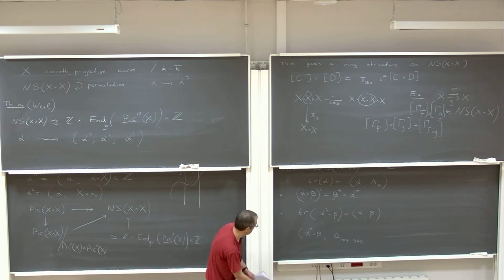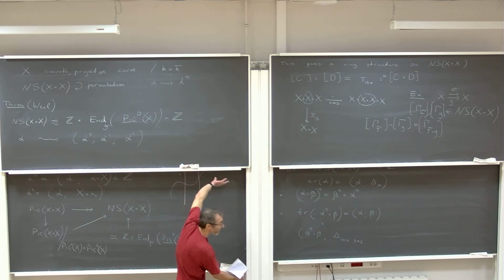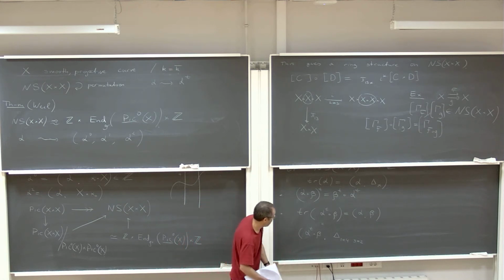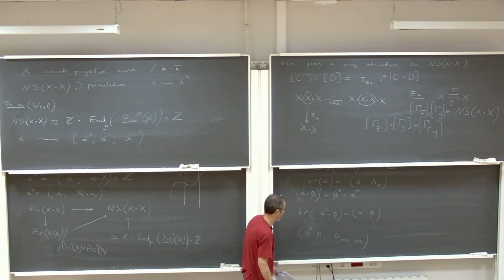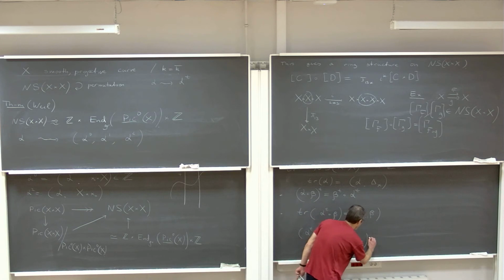Remember that this alpha t is obtained from alpha by permuting the factors. Now I claim that this is the same as.